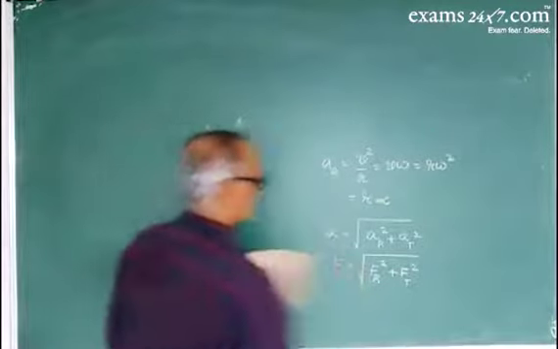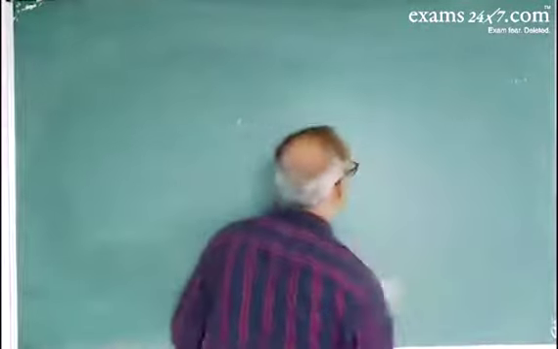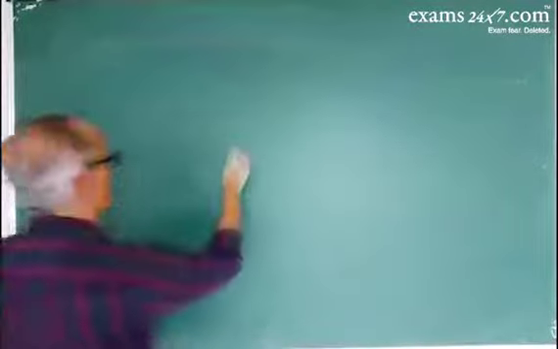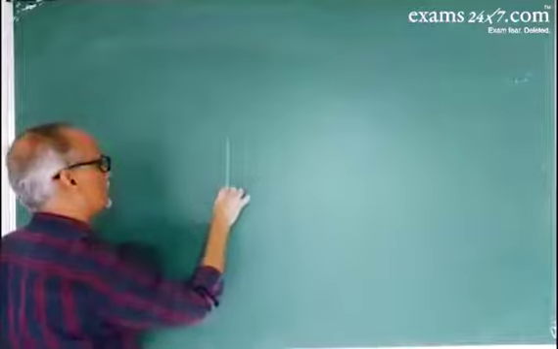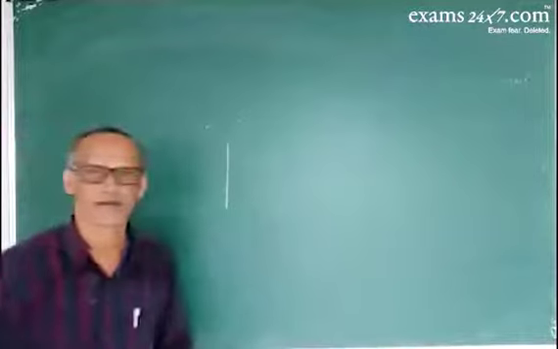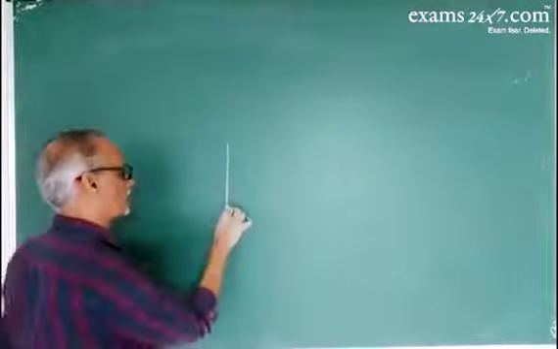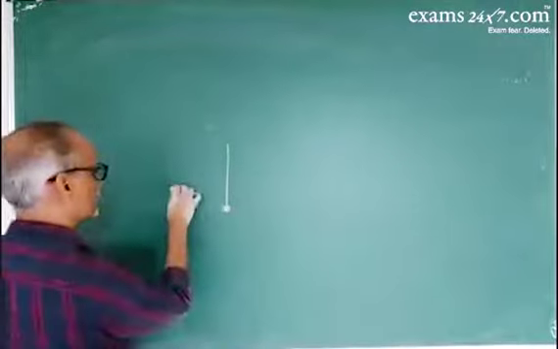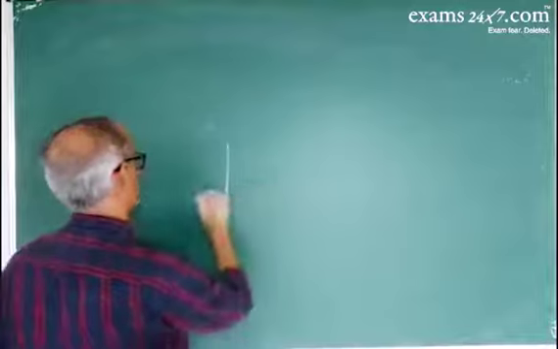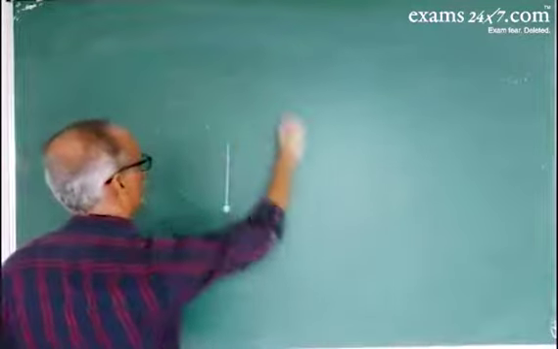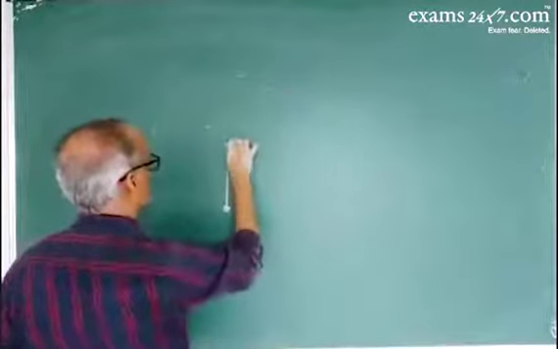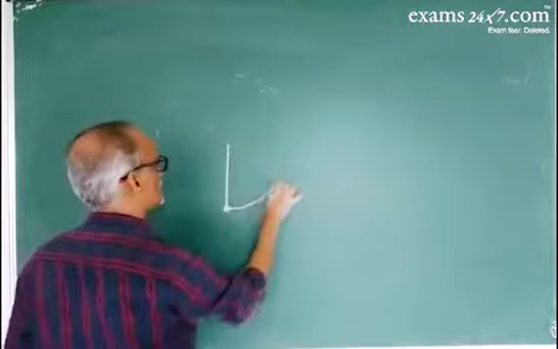Related to circular motion, we have one more illustration where a string is taken with a mass attached to it, and it is made to revolve in a circular path.